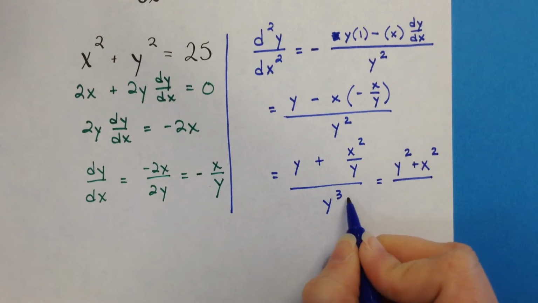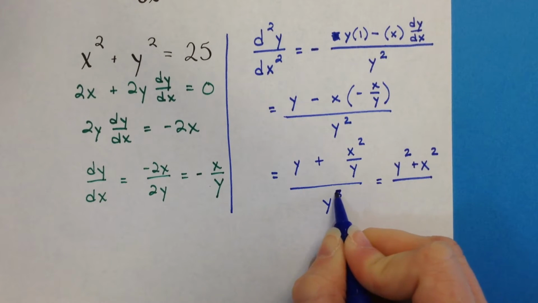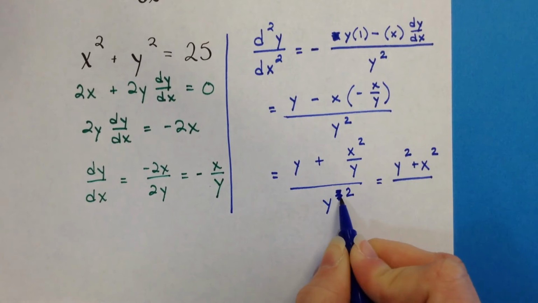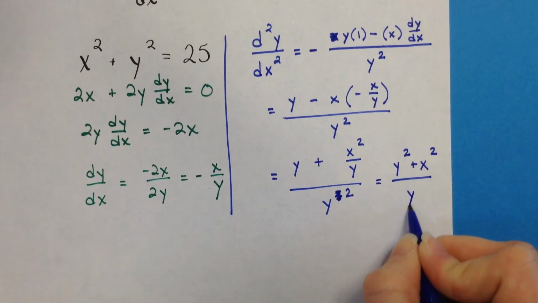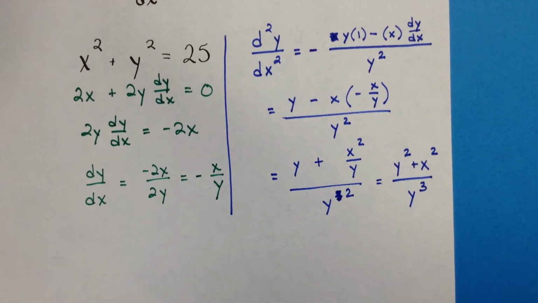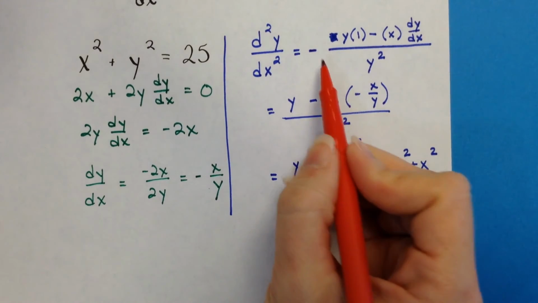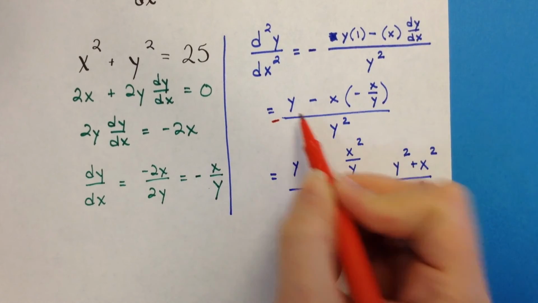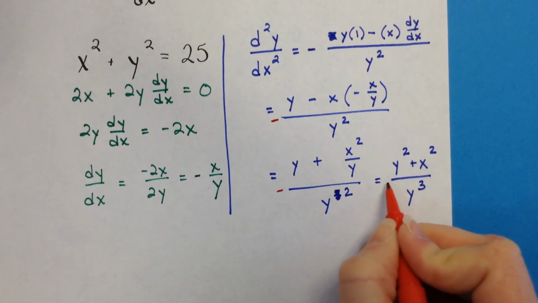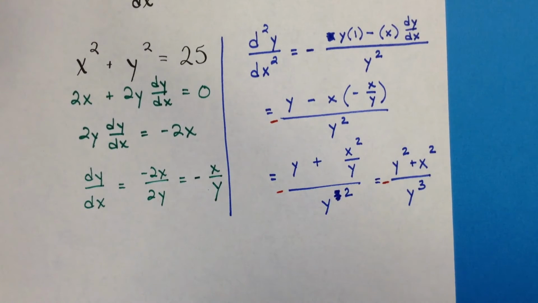Oop, I got ahead of myself here. That was supposed to still be a square. But then when I multiply it times that y, I get the y cubed. I'll tell you one other thing I just noticed that I left off was my negative here. So that's easy to fix. Just transfer it down on each of these steps, keeping it in front of the fraction there.